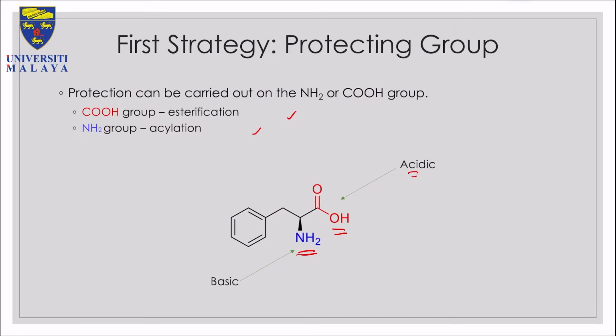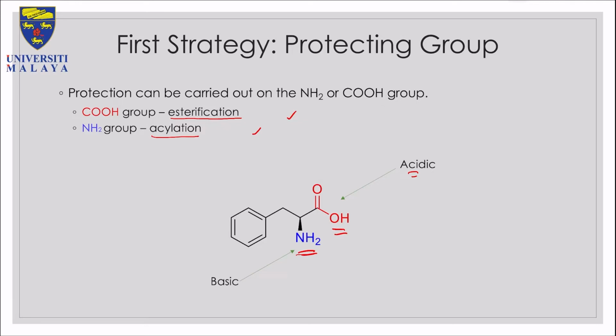The best strategy is to use esterification at the carboxyl terminal and acylation at the N terminal. You learned about esterification and acylation during your first year, so you know that both of them are the most basic chemistry. Therefore, if you can simply add and remove the protecting group this way, that's the best choice.